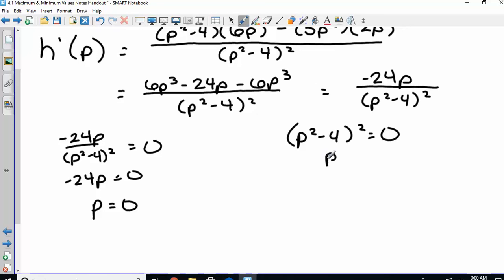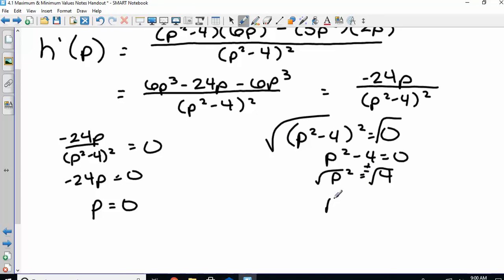So if you do a square root, add over your 4, square root again, plus and minus, so that's at positive and negative 2. Those are the places where it is undefined.